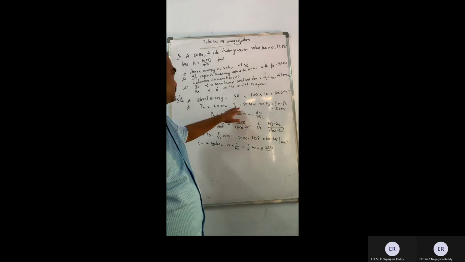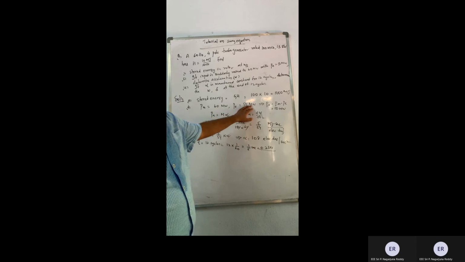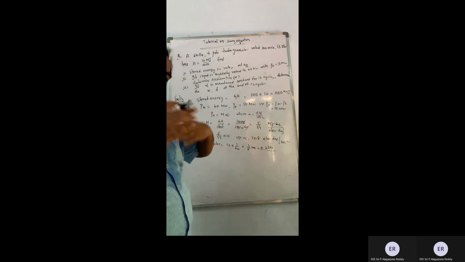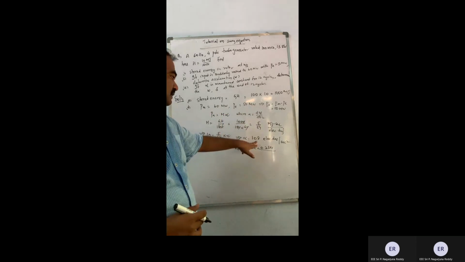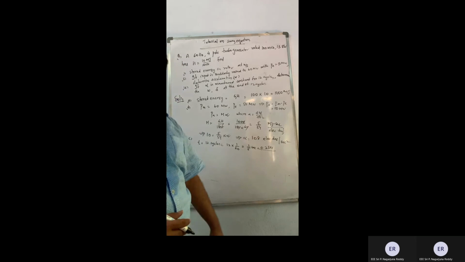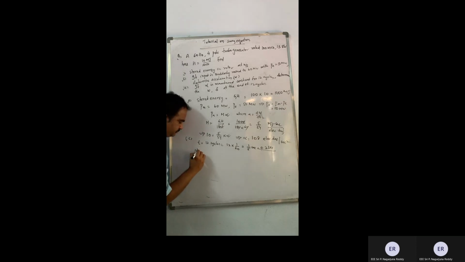So for 0.2 seconds, the mechanical power was 60 and the electrical power was 50. During this 0.2 seconds, the machine would be accelerating at a value of 108 electrical degrees per second. Now, we will try to solve this one now. I'll consider this equation.